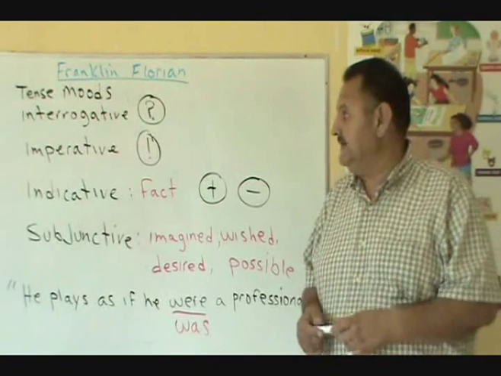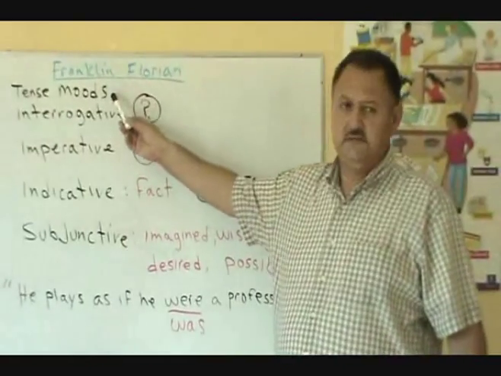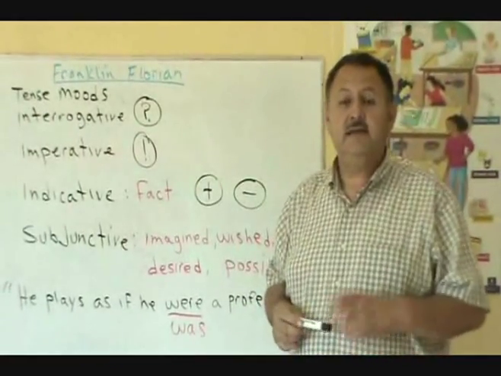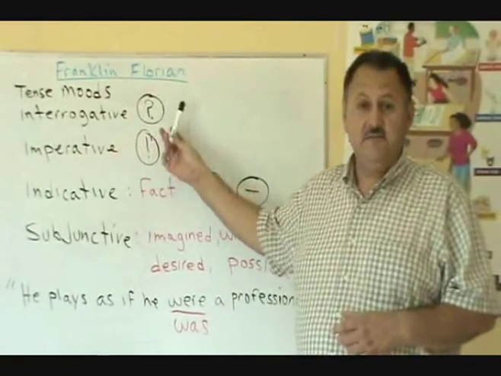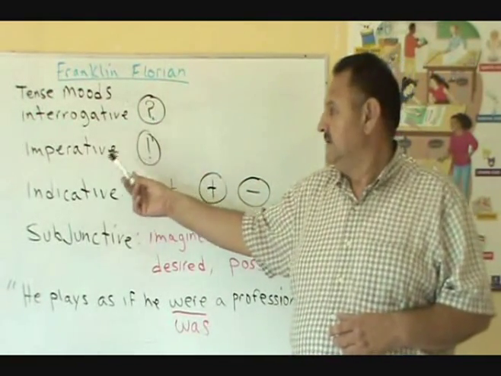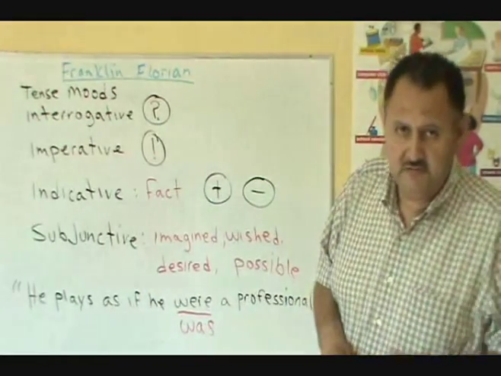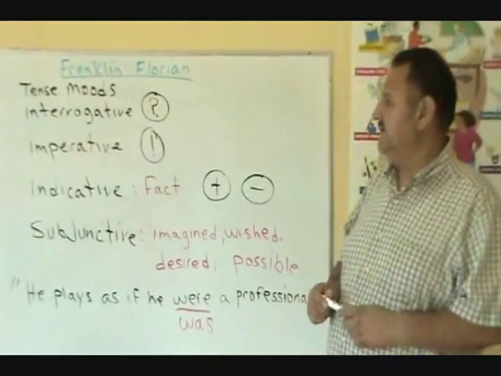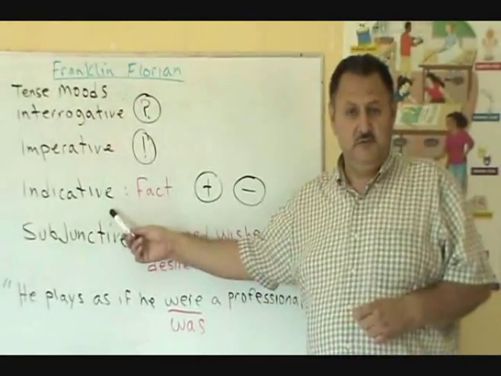Okay, in English there is something called tense moods. And these are the moods: the interrogative, the imperative, we all know those, the interrogative mood, the imperative mood. The indicative mood.